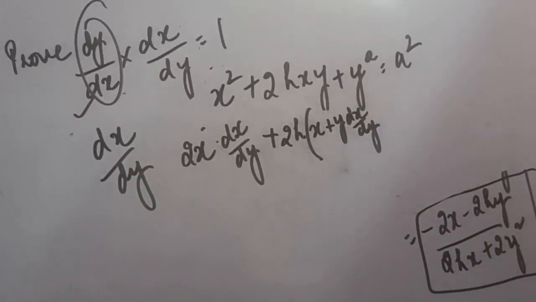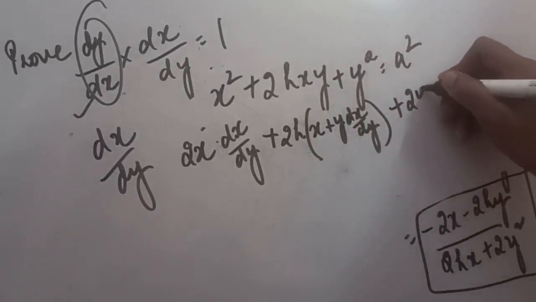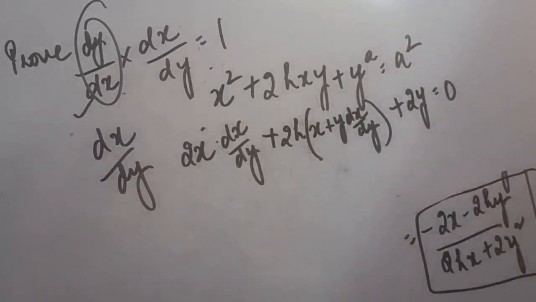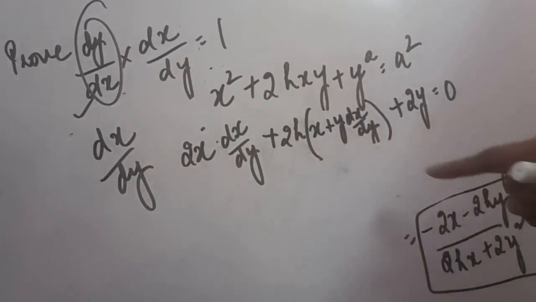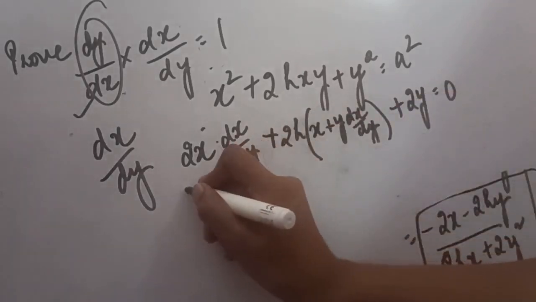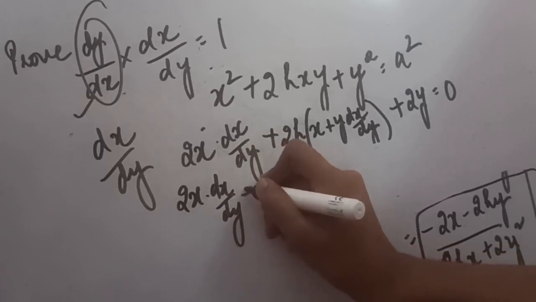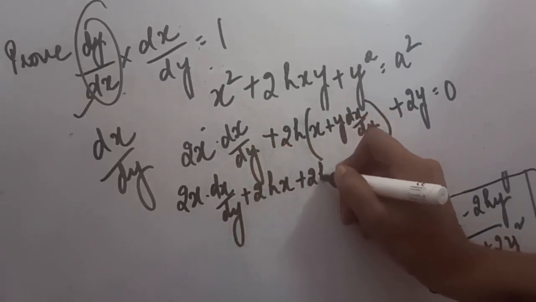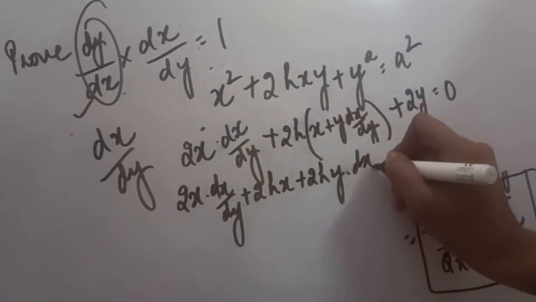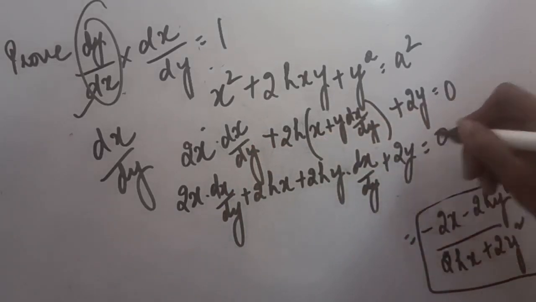Earlier you saw dy upon dx coming everywhere. Plus the differentiation of y square is 2y. On the right hand side it is a constant, so its differentiation is 0. Now if you open this bracket, it is 2x dx upon dy plus 2hx plus 2hy into dx upon dy plus 2y is equal to 0.